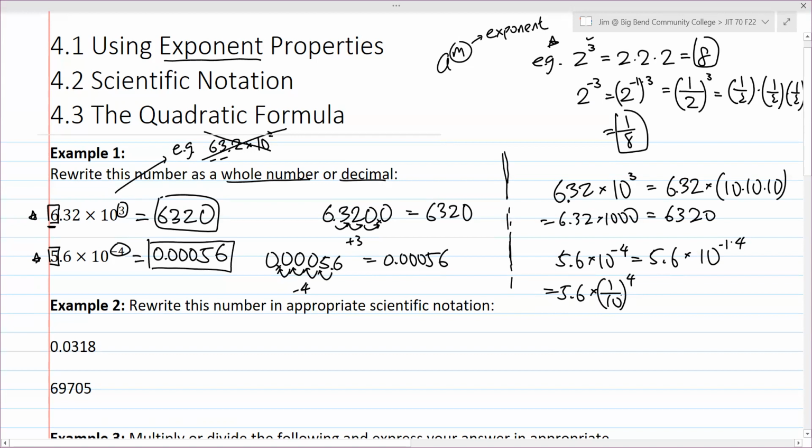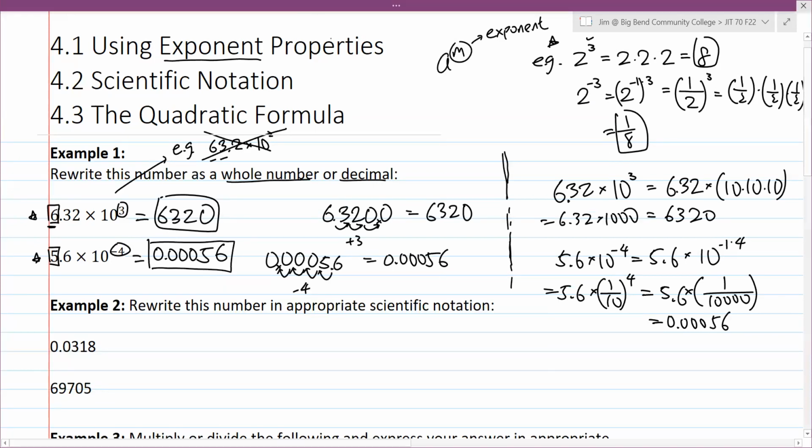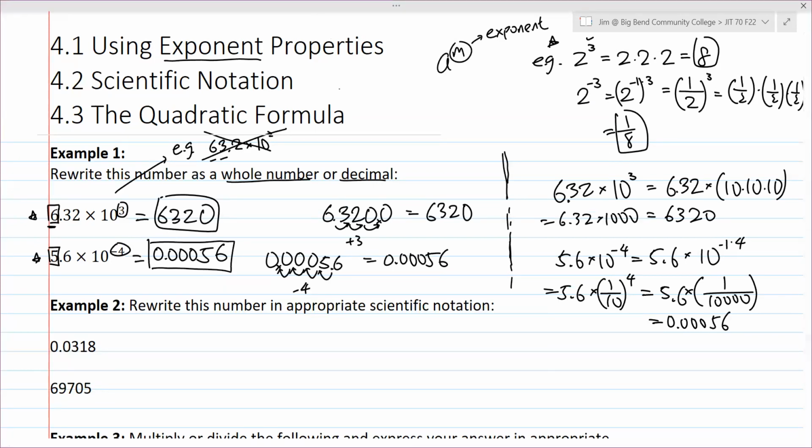And then if we have that 1 over 10 multiplied by 4 times, then we're going to have the answer, which is 1 over 10,000. Okay, so that is why we get the answer 0.00056.